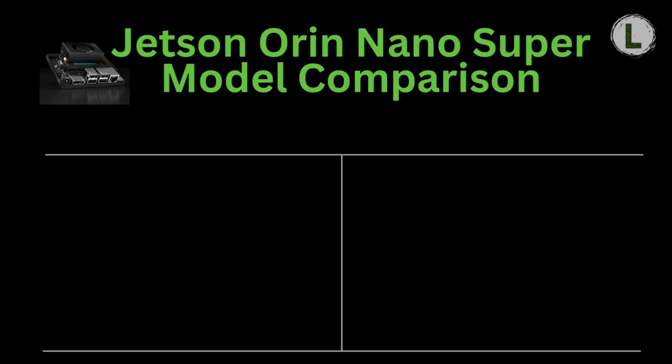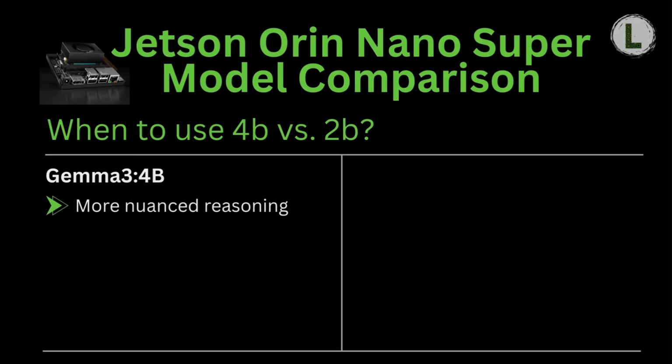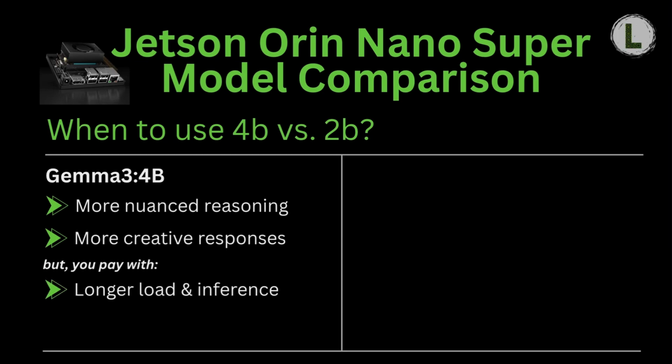So the real question becomes, when does each model make sense? Gemma 4B is the better choice if you need higher output quality, more nuanced reasoning, or more creative responses. But you've got to pay for that with longer model loading time and inference duration and higher sustained GPU and memory load.